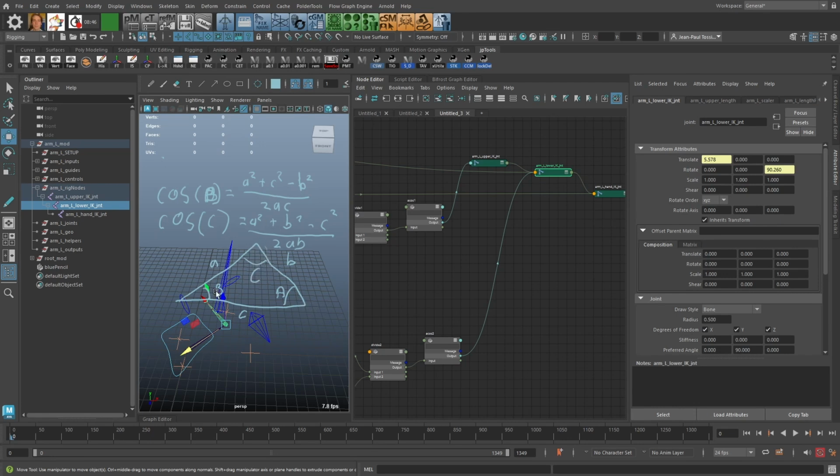But for us to get a straight joint chain, we have to have a rotation of 0. So we have to subtract the angle of 180. Because if, for example, a and b were the same size and c were 0, then a and b would form an angle of 180 degrees in the Maya logic.